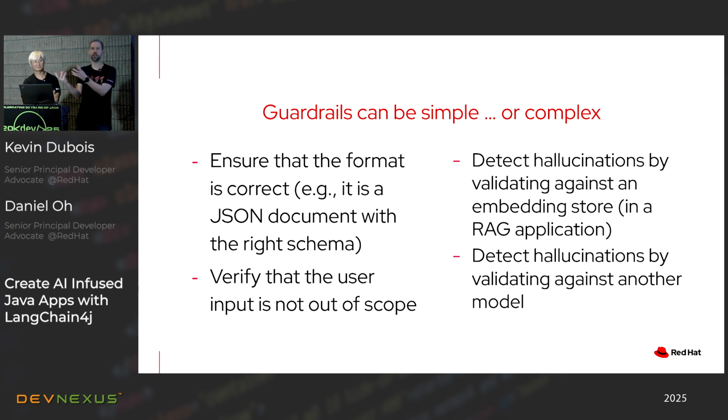If your code is expecting an exact JSON string, it's not going to be able to interpret that. So you could validate that it is JSON and then extract it, or use another model to do it, or retry with the original model, because when you retry, it may return the correct response.